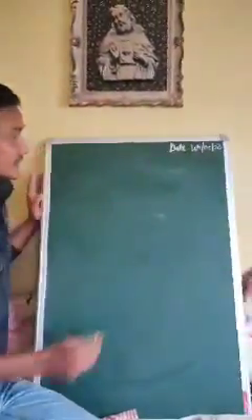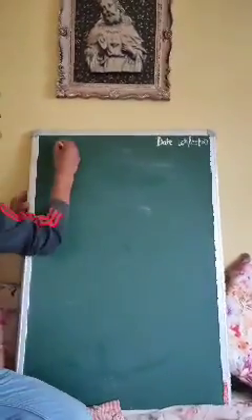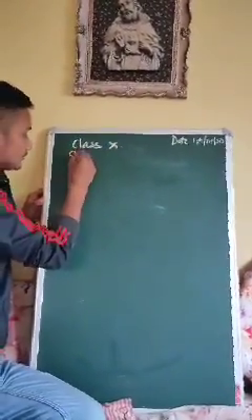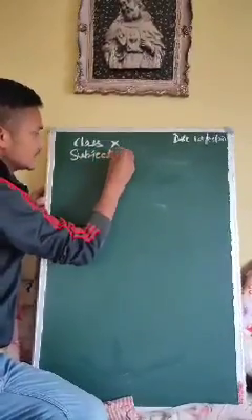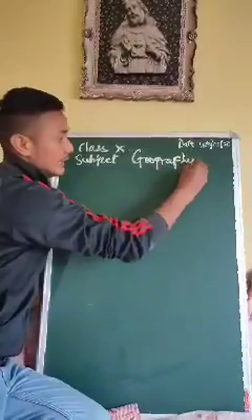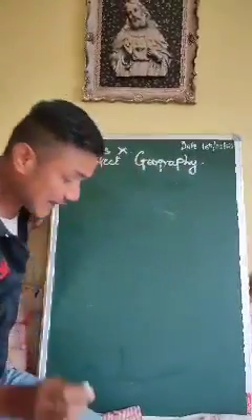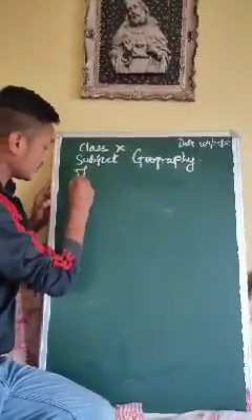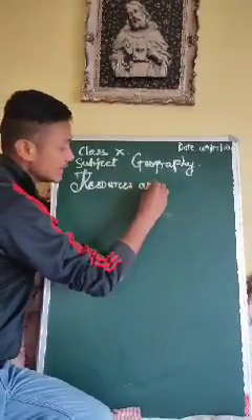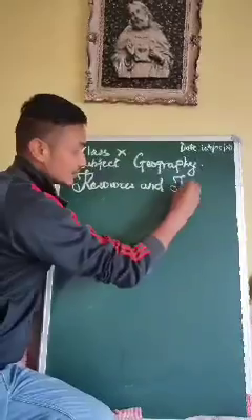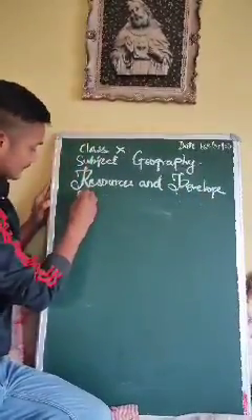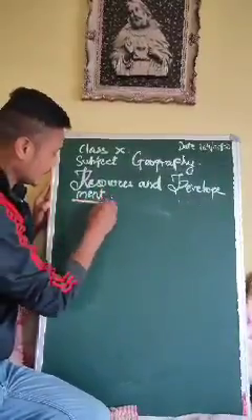Okay, today the date is 16th May 2020 and it's class 10, and the subject is going to be geography. This is the first chapter of geography, and the name of the chapter is Resources and Development.